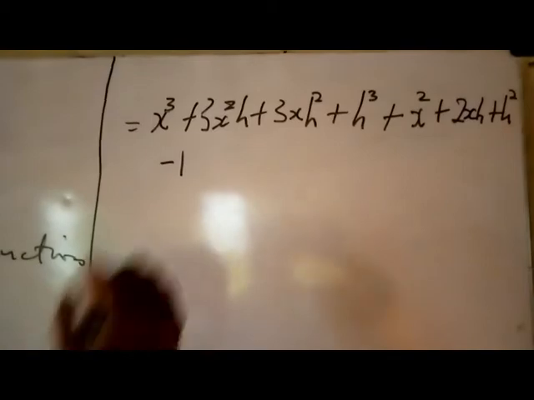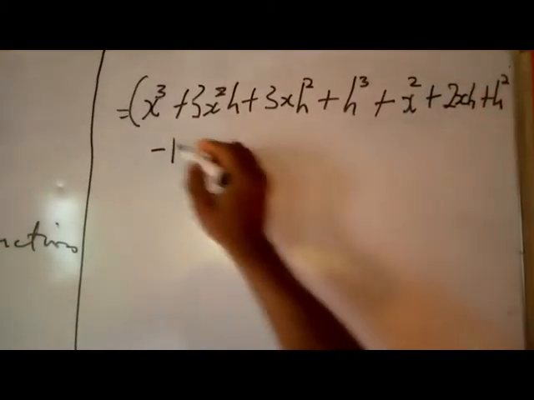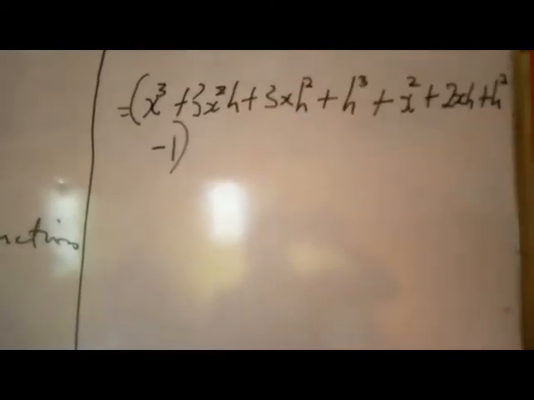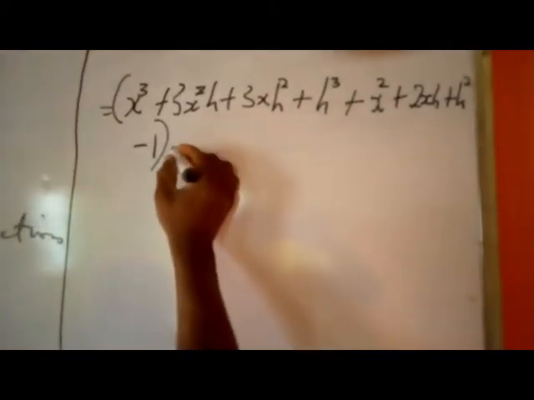So what we are trying to say here is that you have x raised to power 3 plus 3x squared h plus 3x h squared plus h raised to power 3 plus x raised to power 2 plus 2xh plus h raised to power 2 minus 1. That is here. Then you now come and say minus, put your minus sign.